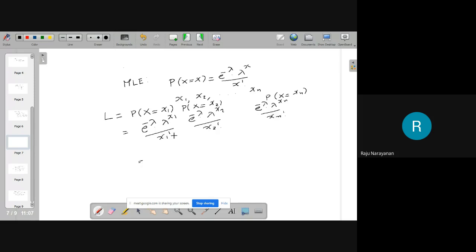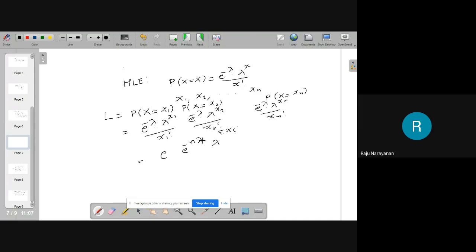The factorials are observations like 2, 3, 10, therefore they are constants. So constant into e raised to minus n lambda, lambda raised to sigma xi. This is the likelihood function.